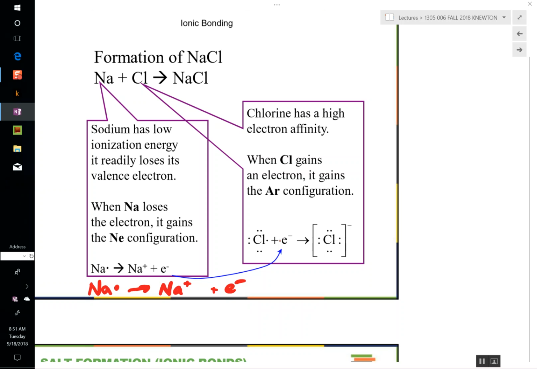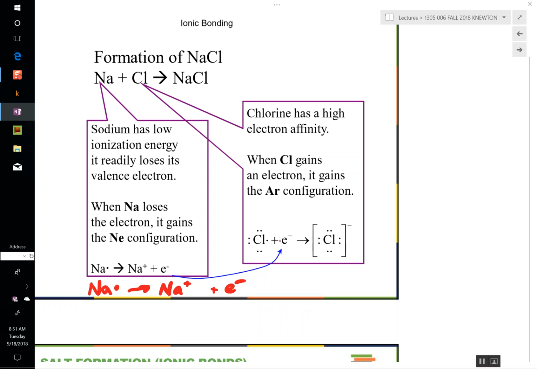Sodium will never do this all by itself. That's why in the video you saw the sodium metal sitting underneath the oil. It's sodium metal, it's got all its electrons. It will not transfer that electron until it comes into contact with another element that's ready to receive that electron.